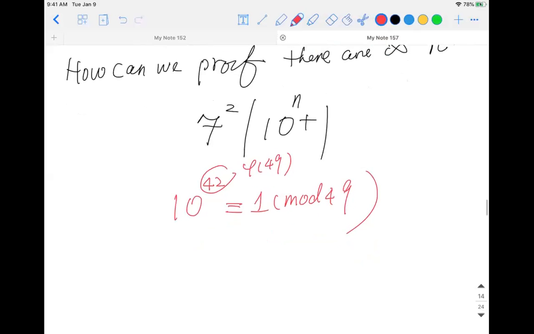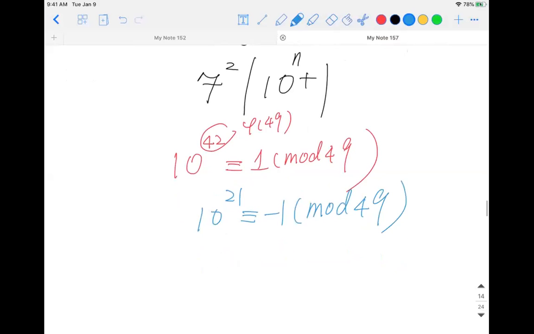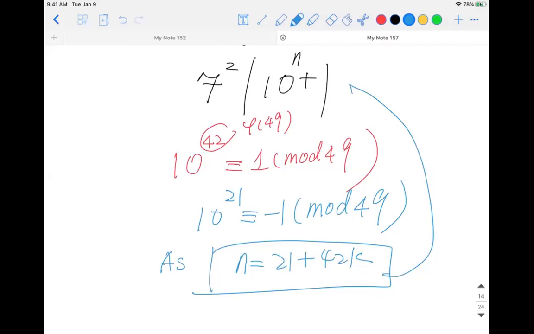So actually, it's fairly easy for you to figure out that 10 to the power of 21 is congruent to minus 1 modulo 49. This is a basic calculation you figure out by yourself. So therefore, as long as you take n equals 21 plus 42k, you will always make sure 7 square is a divisor of 10 to the power of n plus 1.